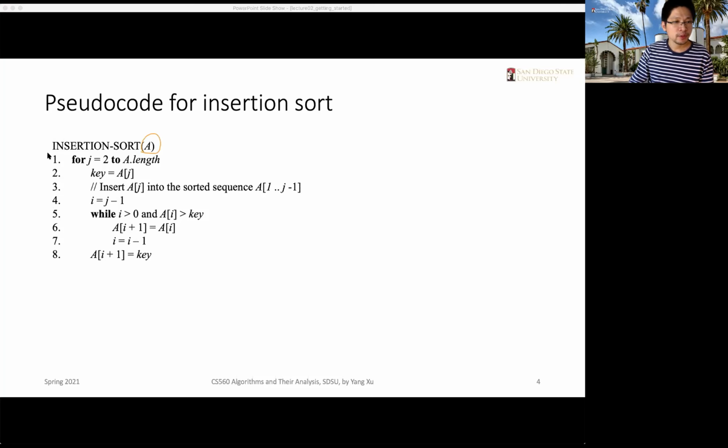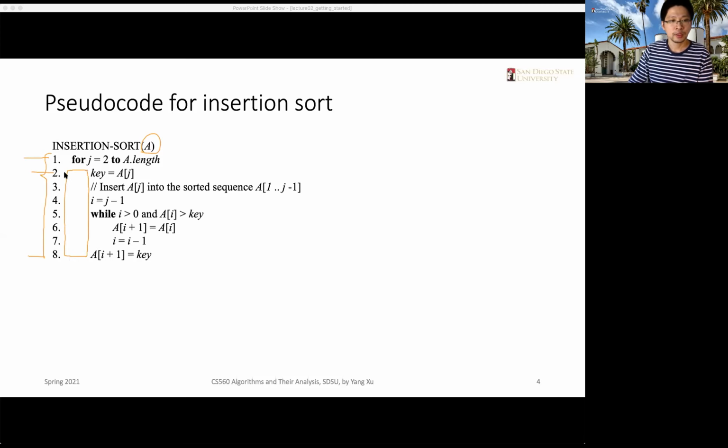On the leftmost column, we see the line numbers from 1 to 8. These numbers indicate the line number: this is the first line, second line, up to the 8th line. With those numbers, we can count how long the algorithm is. And also we have these indentations, which indicate the code structure.